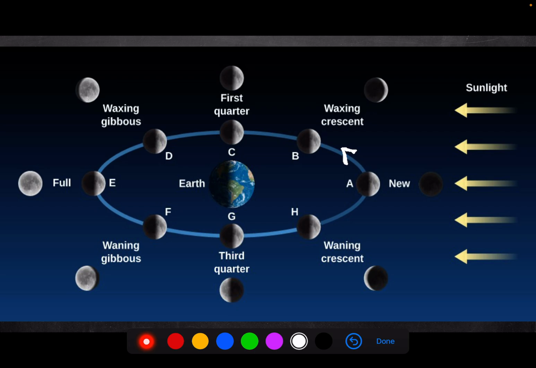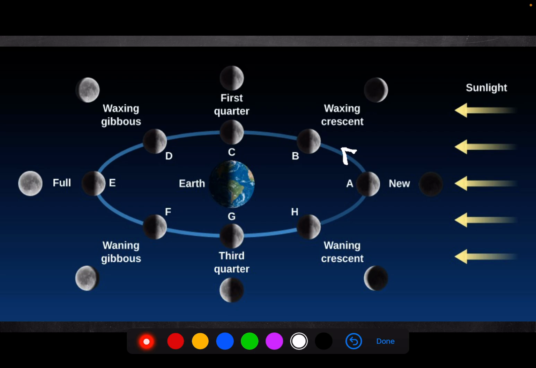The next phase at C is first quarter, and that's when the moon is half covered in light, half covered in shadow. At D, we see a waxing gibbous, right? Waxing gibbous means that the light from the sun is almost completely covering the moon with just a little bit of shadow left on the moon.